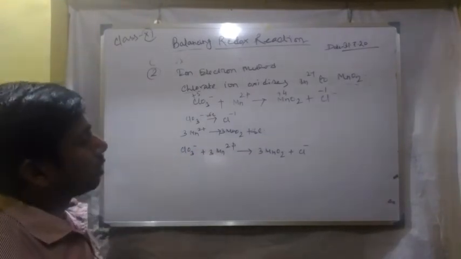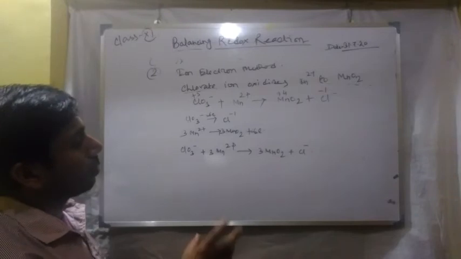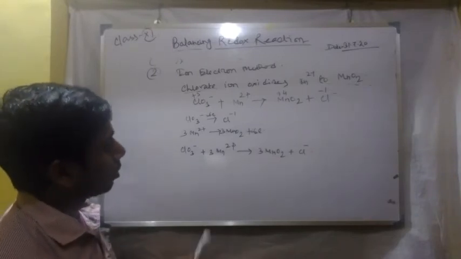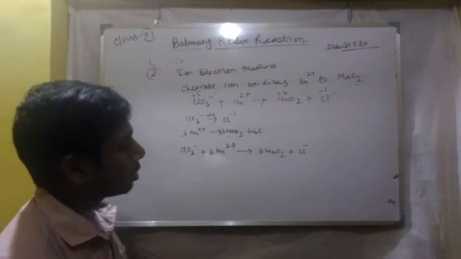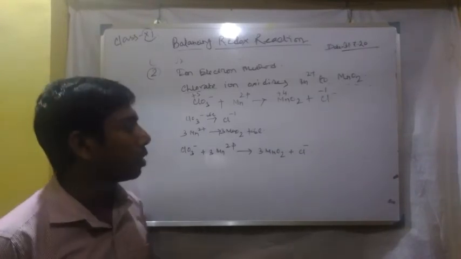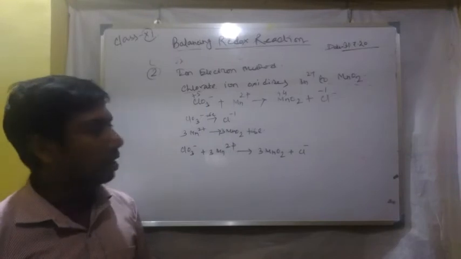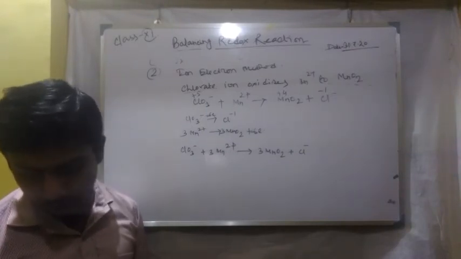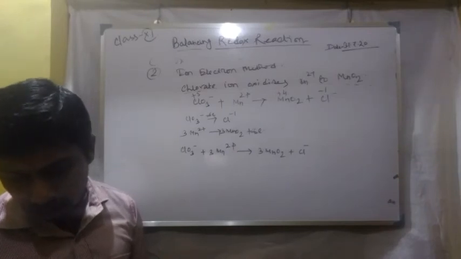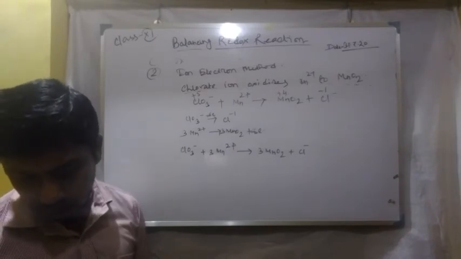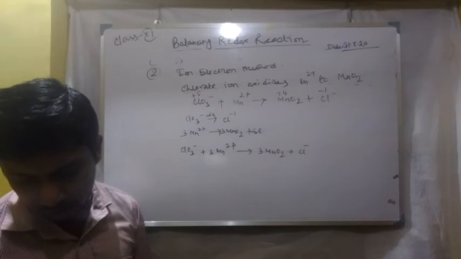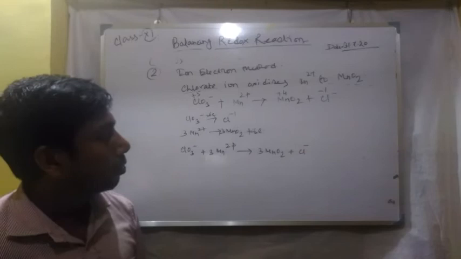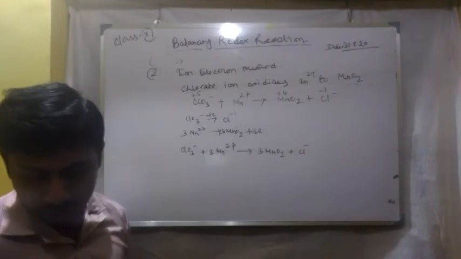Okay, so in this way we can balance the number of oxygen atoms; the chlorine atom is also balanced here. So to equate the oxygen atoms, in the case of this reaction only, we have to use the hydroxyl ion on the reaction. Okay, follow up to this step.